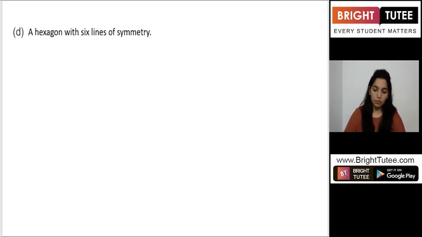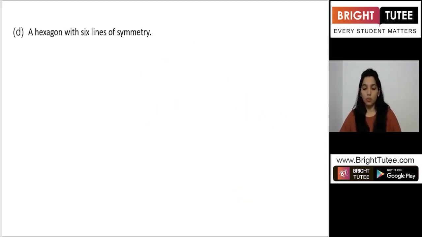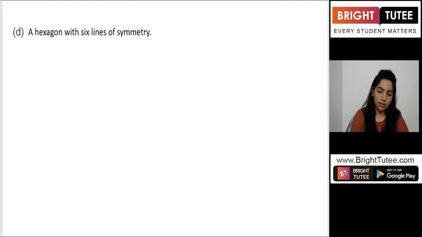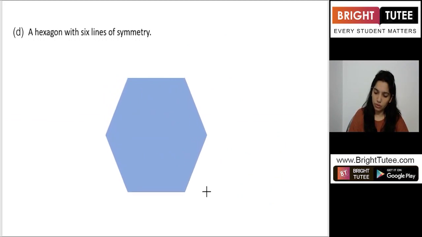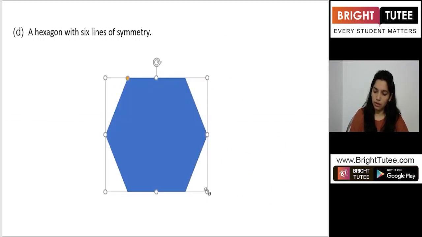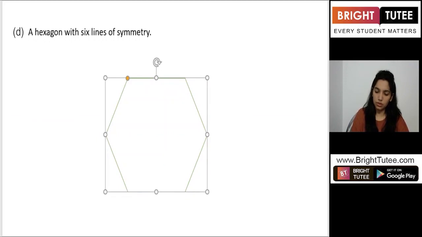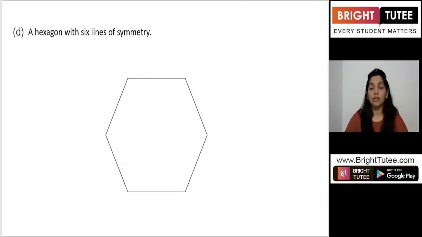Okay, moving to the next one, a hexagon with 6 lines of symmetry. So I'll just insert the image of a hexagon here so that it's good to have a clean image. So this is a hexagon, right? And let us draw the lines of symmetry, and a total of 6 lines of symmetry are possible if you are looking into a hexagon, right?